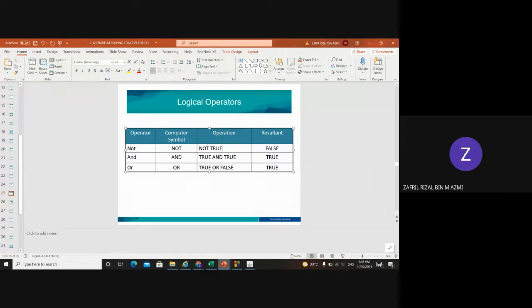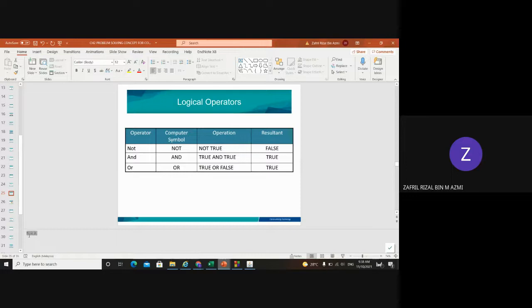For example, if we apply it to not A, if A is true, not A is equal to false. If A is true, not A equal to false. Got it?